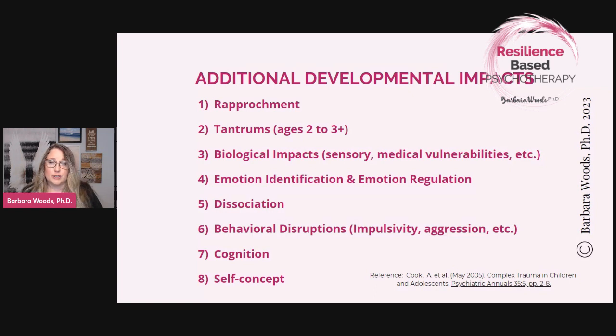You also want to look at emotion identification and emotion regulation. A lot of children who have grown up in really volatile, traumatic environments don't recognize or know how they feel, so they don't know how to cope with it, and they don't have the skills or strategies because they don't really know what they're dealing with.